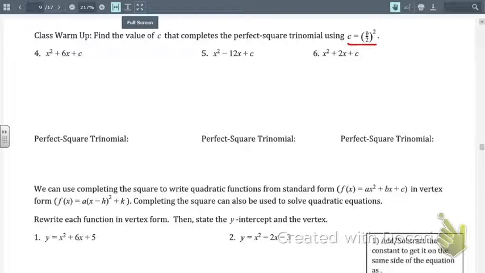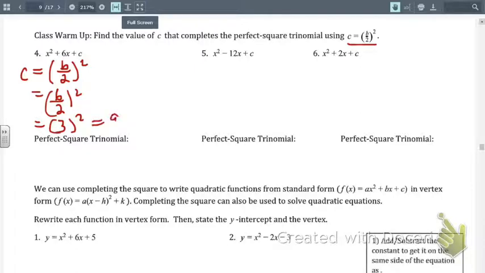In order to do that, we're going to say that c equals b over 2 squared. So what's our b? Our b is 6. So 6 over 2 squared. So 6 over 2 is 3. Square that and we get 9.